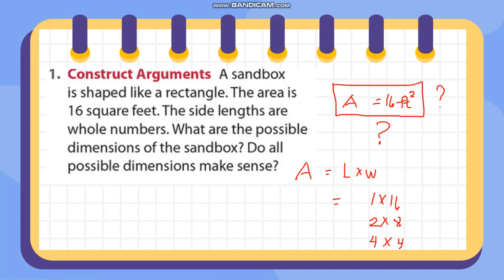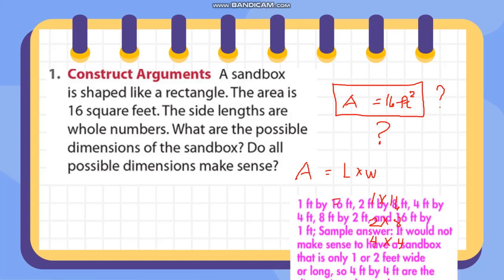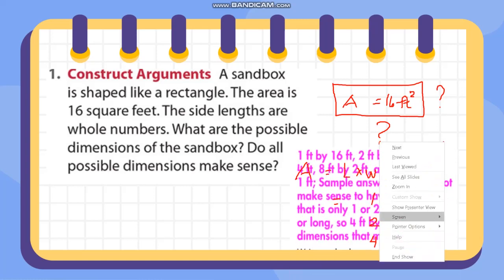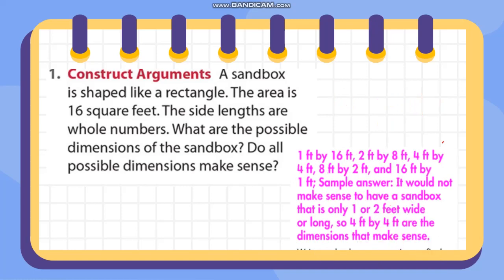So these are the possible dimensions of the sandbox. That's why the answer is 1 foot by 16 feet, 2 feet by 8 feet, 4 feet by 4 feet, or the reverse, 8 feet by 2 feet, 16 feet by 1 foot.